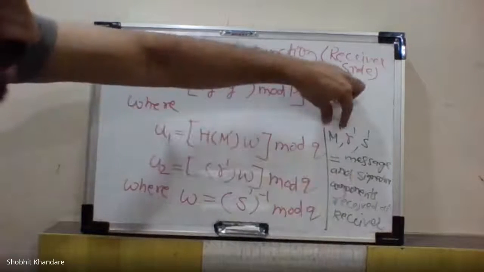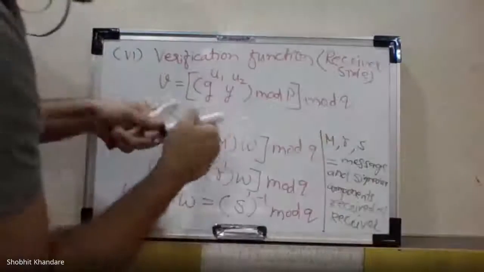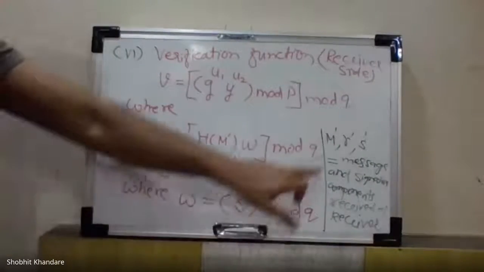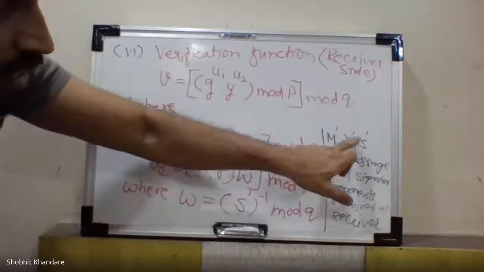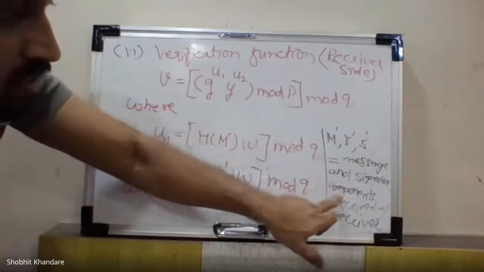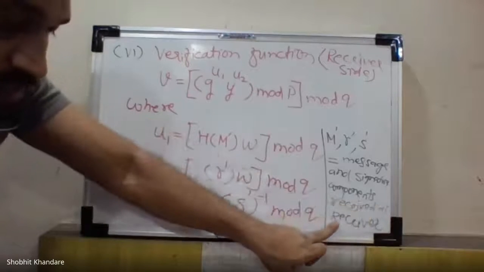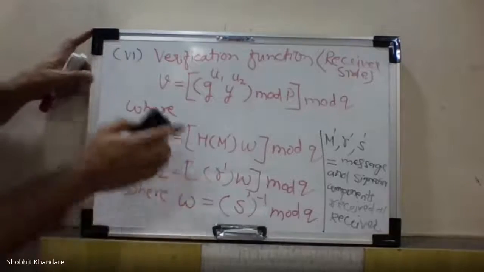This is not m1, it is dash. As far as m dash is concerned, this is a message, and r dash and s dash are the signature components, but received at the receiver side.